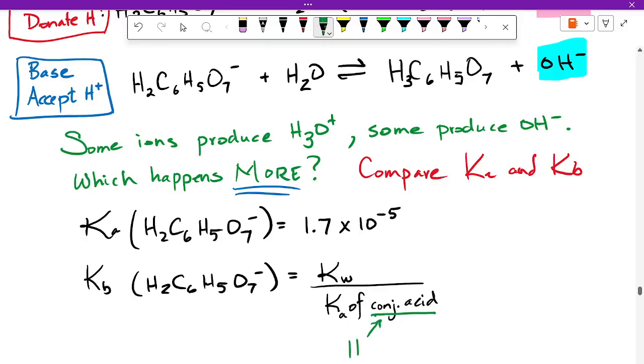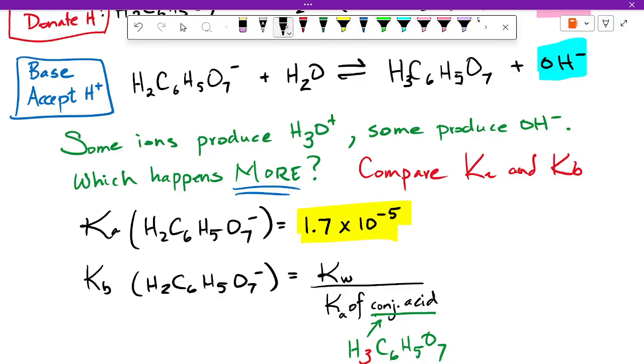That's going to be H3C6H5O7. This is where people would tend to make a mistake because they've already grabbed a Ka value, yes? We've already got this Ka value, and it's really tempting to just put Kw over that Ka value, but that's the wrong Ka value. It has to be Ka of the conjugate acid.